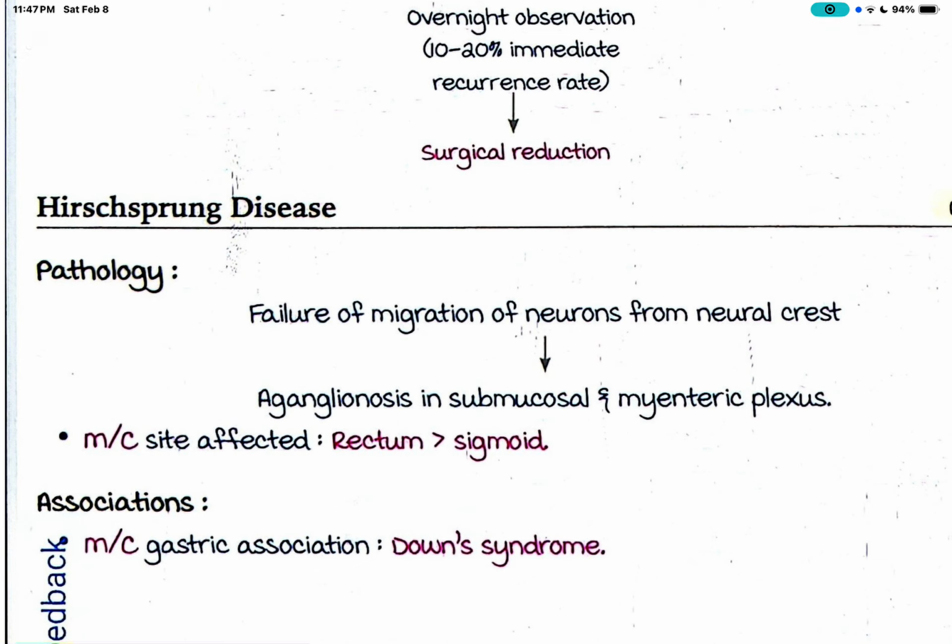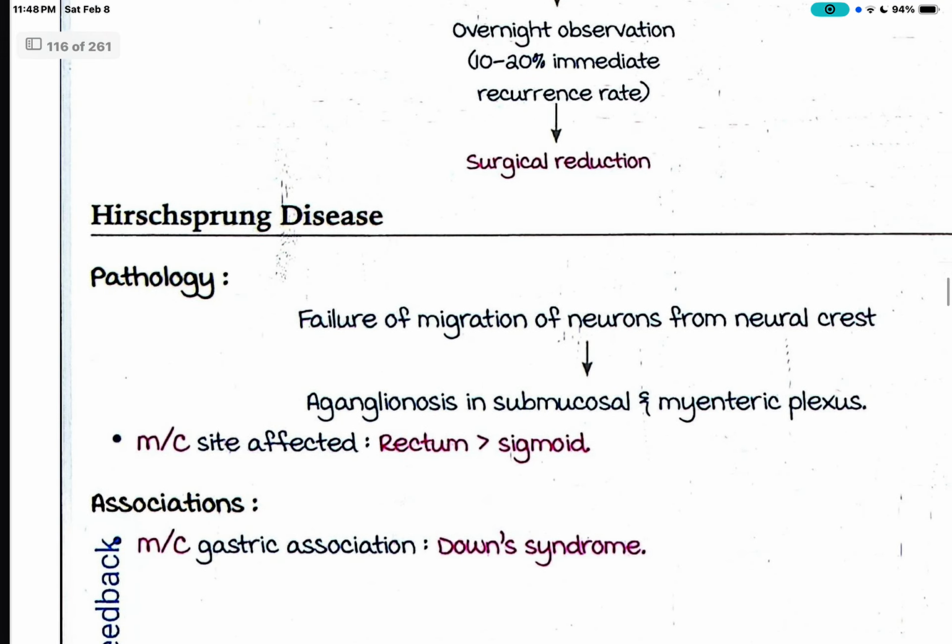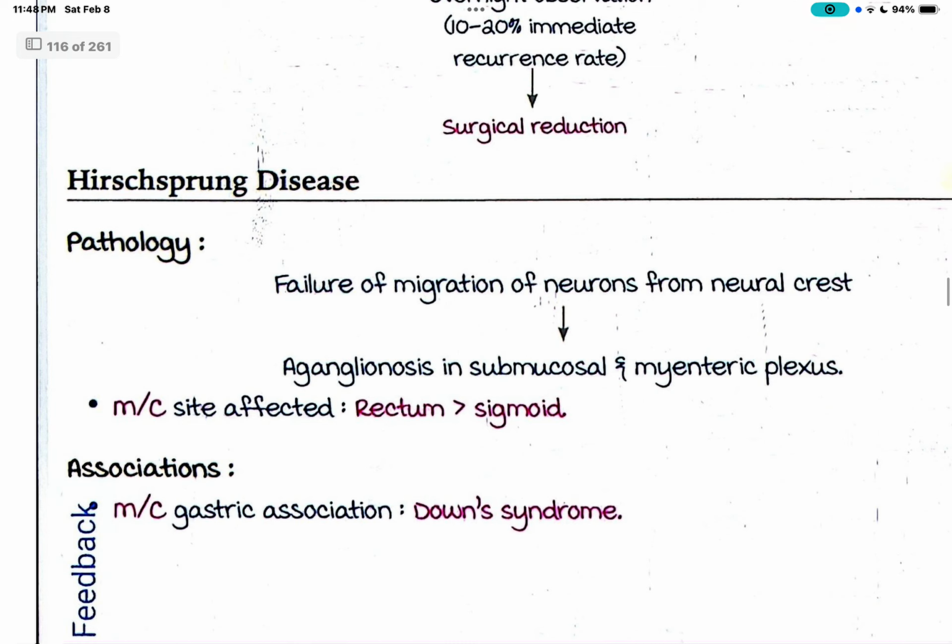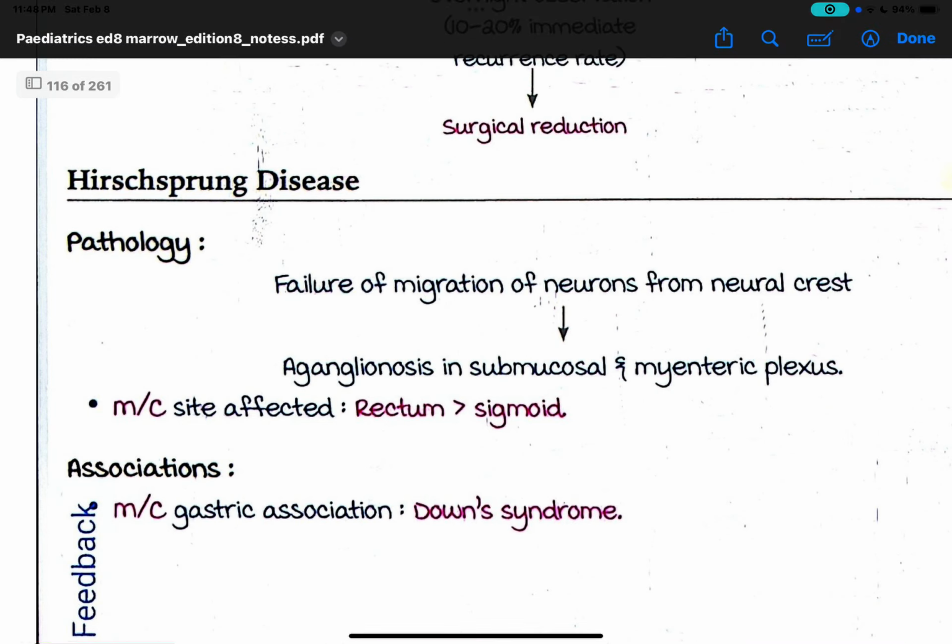Hirschsprung disease. Pathology: failure of migration of neurons from neural crest. Aganglionosis in submucosal and myenteric plexus.